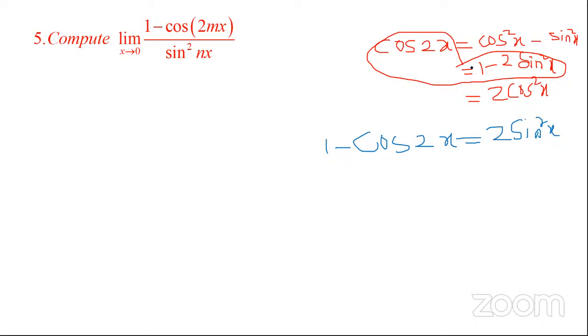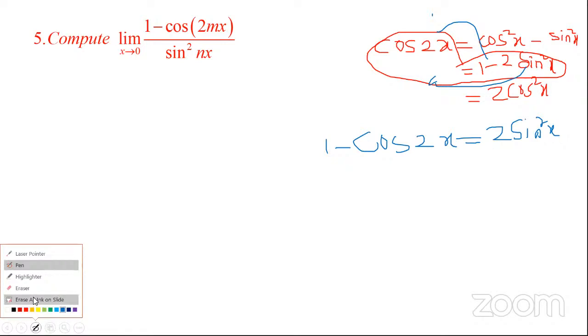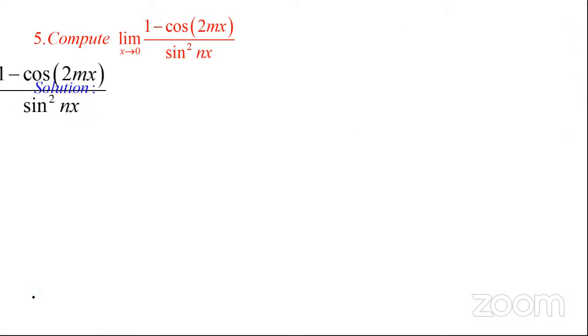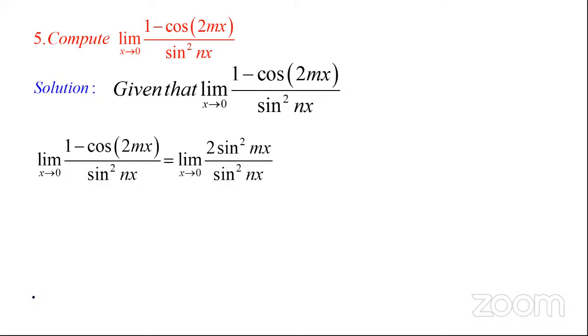So cos 2x equal to 1 minus 2 sin square x. From that, I'm transforming for 2 sin square x: taking this value to the left side and cos 2x to the right side, then I get 2 sin square x equal to 1 minus cos 2x. Okay. Now the solution: using that formula, 1 minus cos 2mx, I can write that as 2 sine square mx. This is the formula.